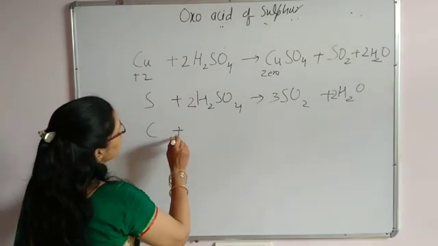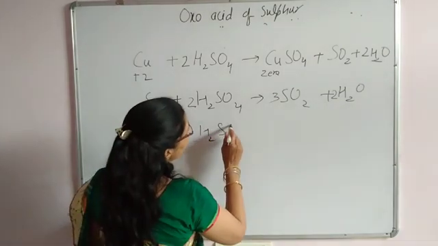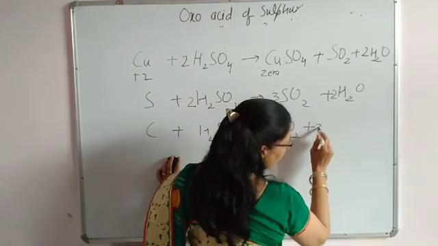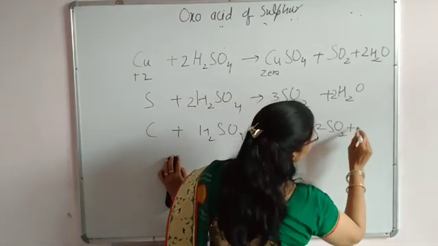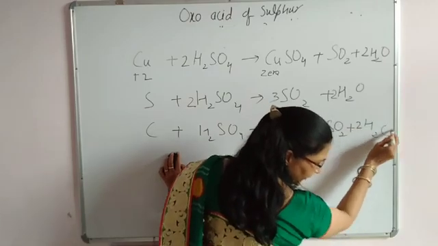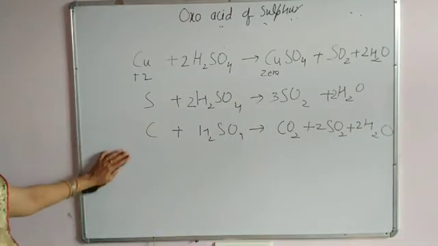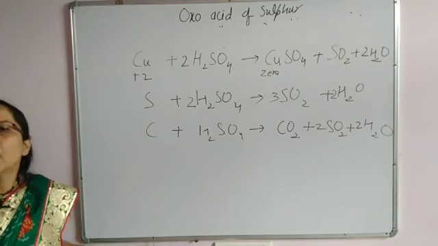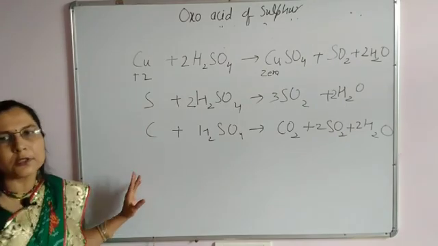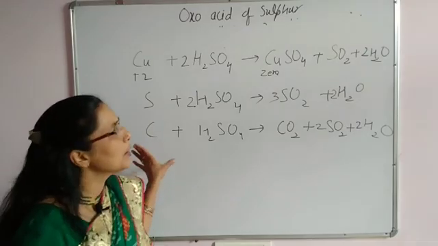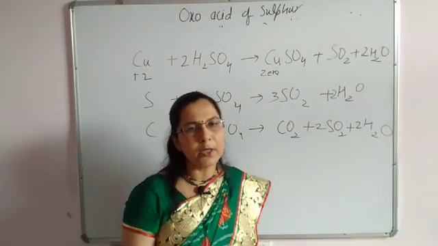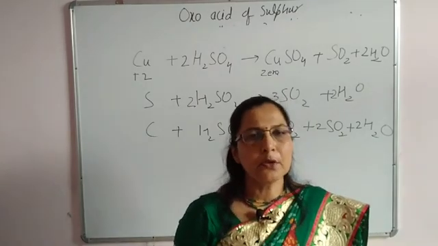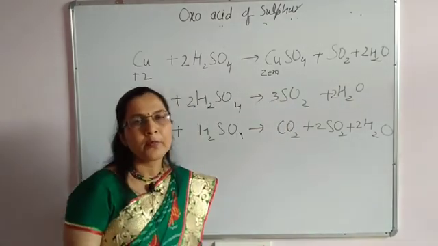The last one: when carbon is treated with H2SO4, there will be formation of CO2 plus twice SO2 and twice water. These are all the reactions showing the nature of H2SO4 as an oxidizing agent. So today your sulfur part, the oxygen family, is all completed. It means you have completed group number 16. Thank you.